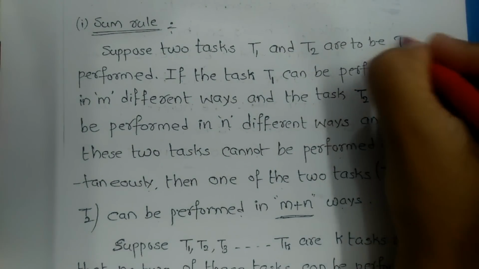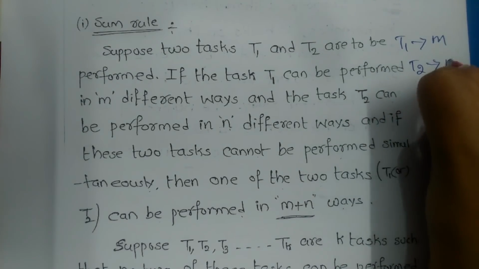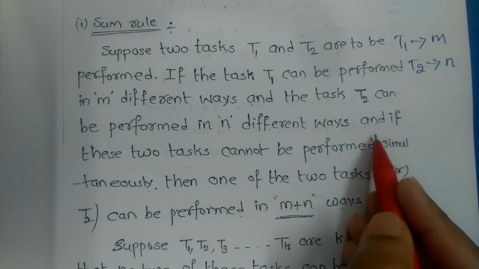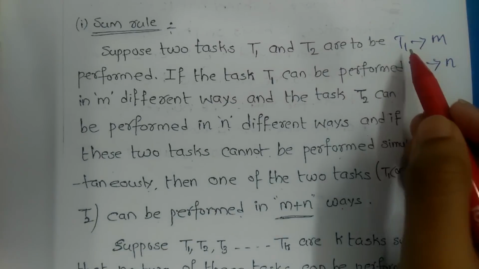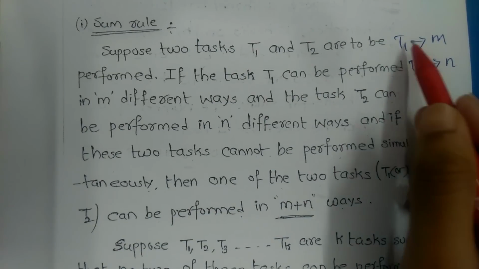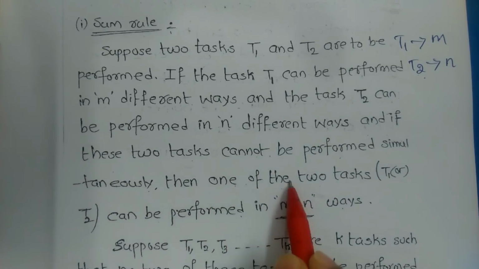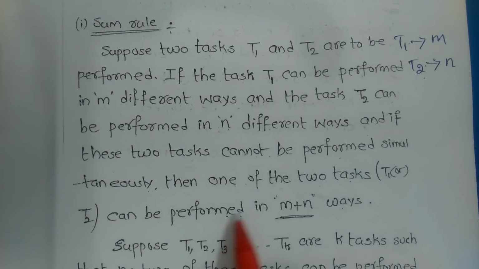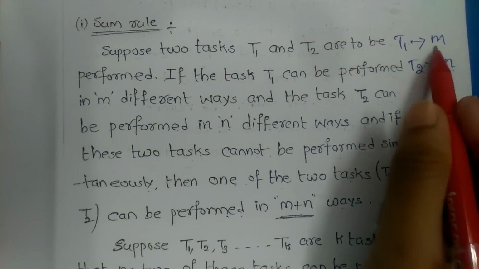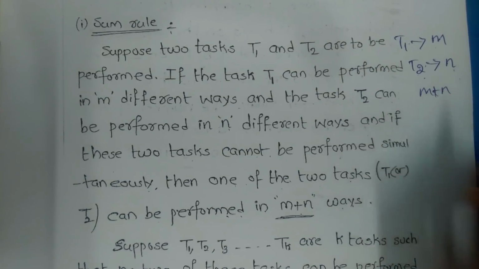If these two tasks cannot be performed simultaneously, then one of the two tasks, either T1 or T2, can be performed in m plus n ways. Whatever the ways are, you just have to add them, that is m plus n. So this is the sum rule.